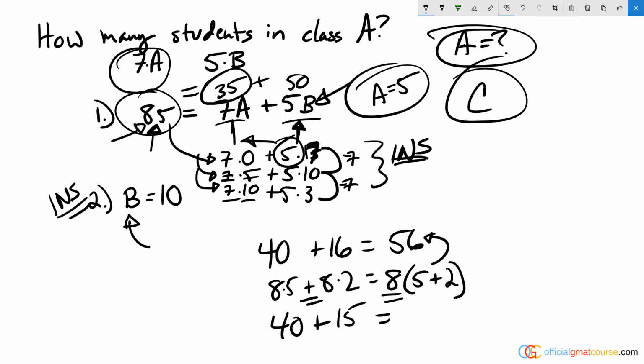If I add 15, which is not a multiple of 8, I get 55, which is also not a multiple of 8. But if I add 16, I end up at 56, which is a multiple of 8. So little things like that can help you a lot in terms of deciphering what the test maker is actually asking. But at the end of the day, plug and play with some numbers and you will get it through process of elimination as well.